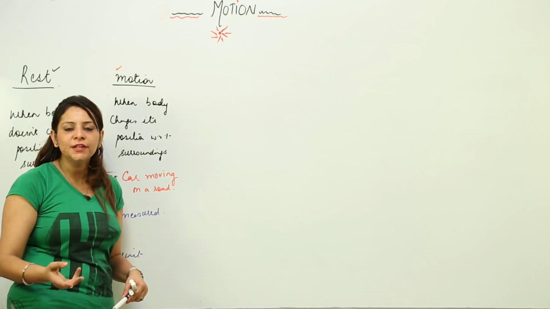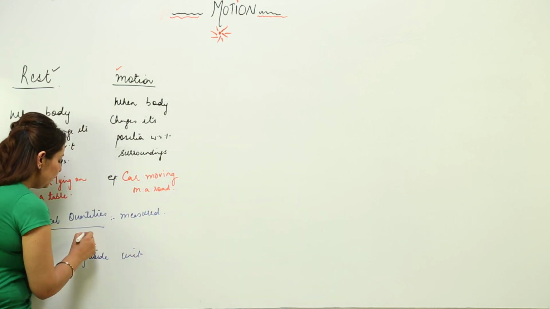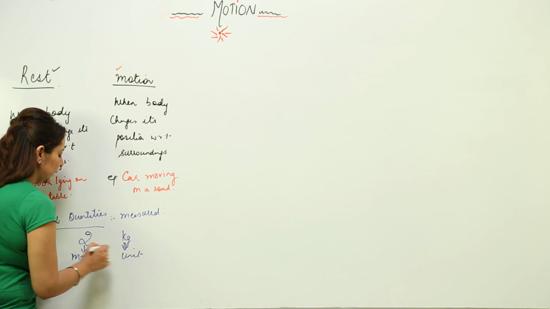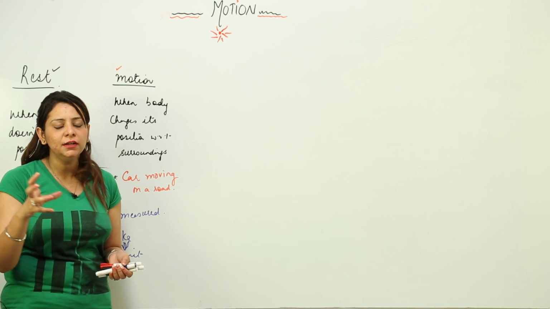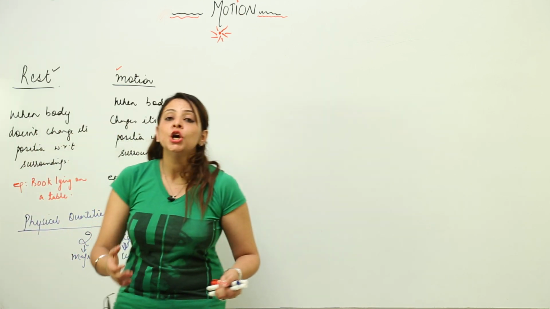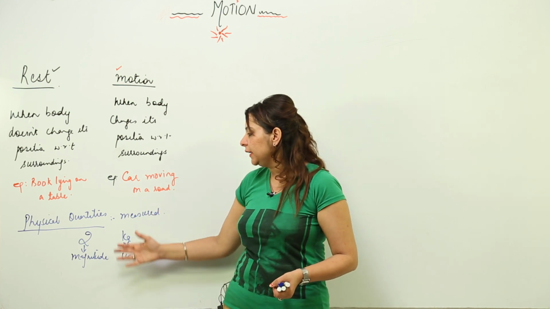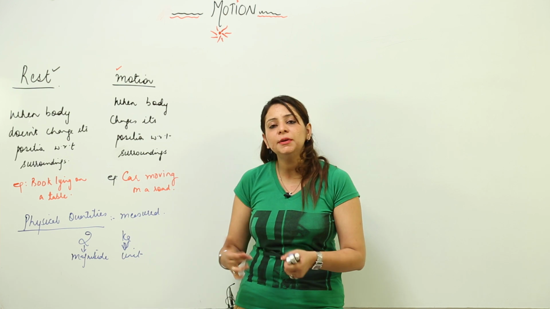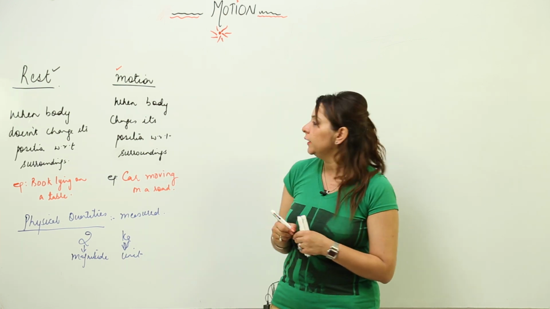I say give me 1 kg onion or 2 kg onion. Here the 2 is the magnitude and kg is the unit. Likewise, every physical quantity possesses a magnitude and a unit. So whenever we measure physical quantities, we express them with a magnitude as well as a unit.